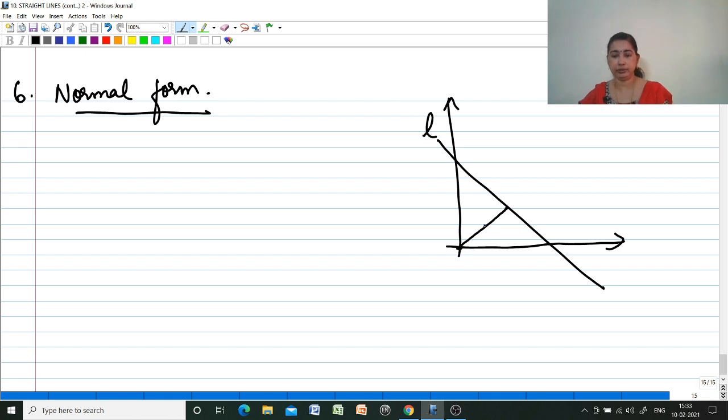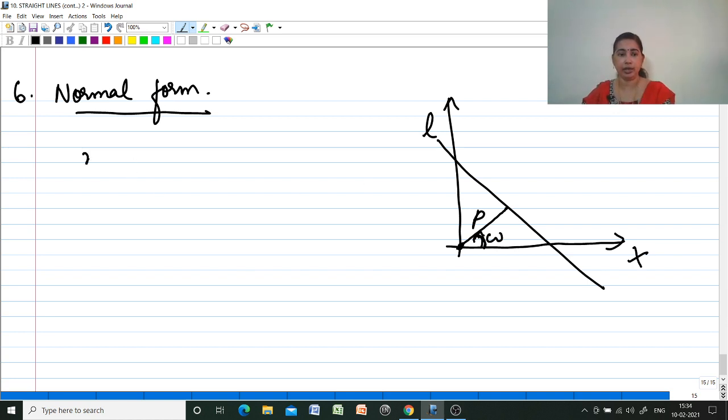The angle made by the x-axis with the perpendicular line, let it be omega, and it should be in the positive direction of the x-axis, in this direction. And this perpendicular distance from the origin to the line, let it be p.